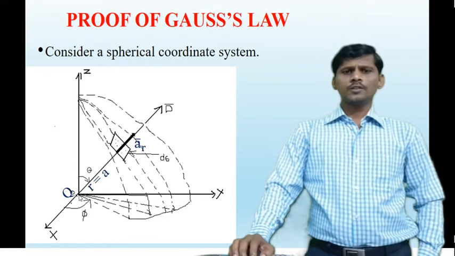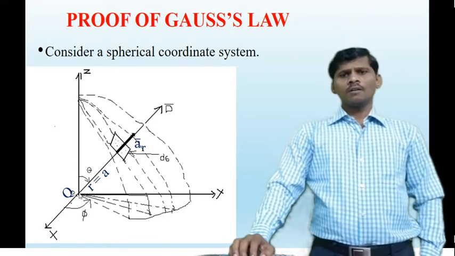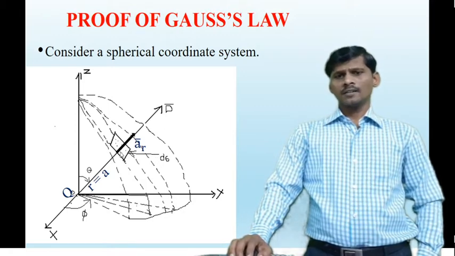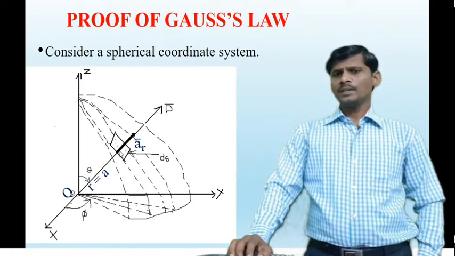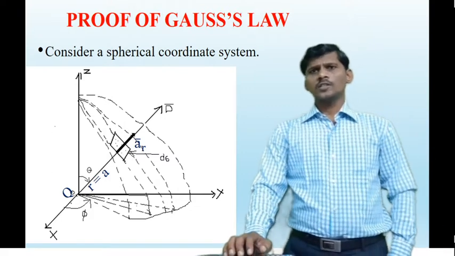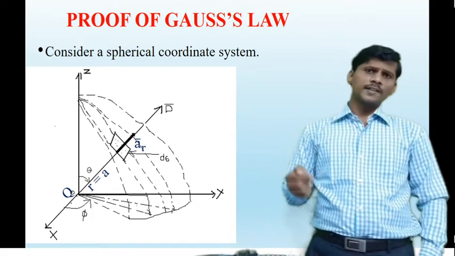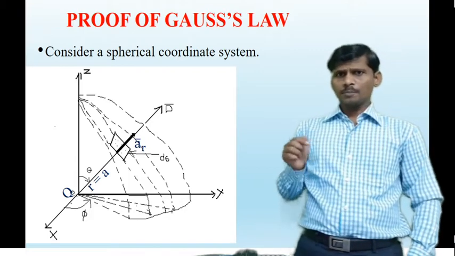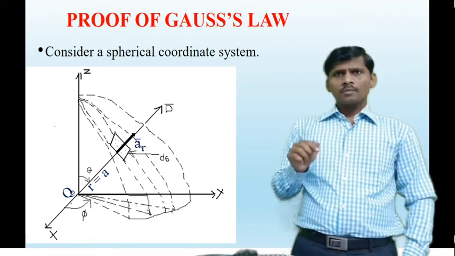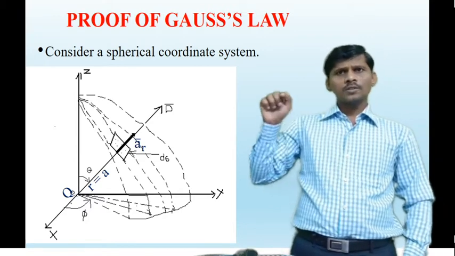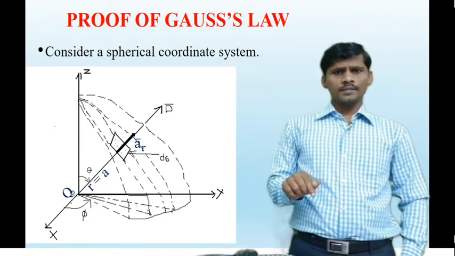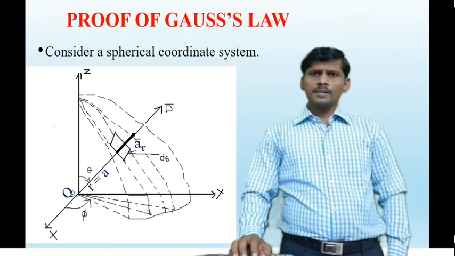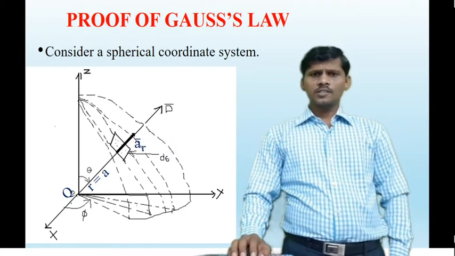On this sphere, consider differential surface dS at point P. At point P, the direction of the electric flux density is normal to the surface. a_r bar is the unit vector in the direction normal to the surface at that point. The radius of the sphere is r is equal to a meters.